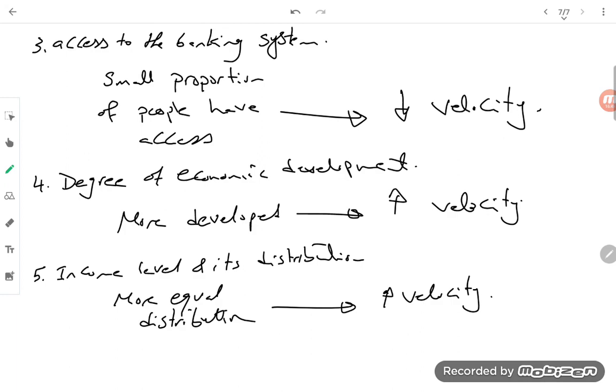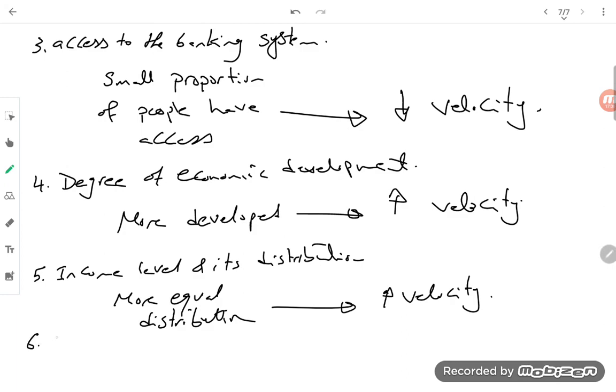As the proportion of income spent on consumption is very low for wealthy people, but it's very high for poor people. So if there is equality in distribution of money, all people are going to spend the same, so velocity of money is going to increase.